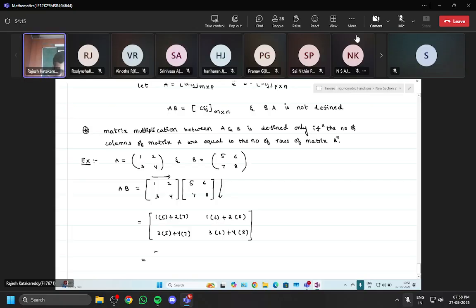This will be equal to 5 plus 14, 19; 6 plus 16, 22; 15 plus 28, 43; 18 plus 32, 50.